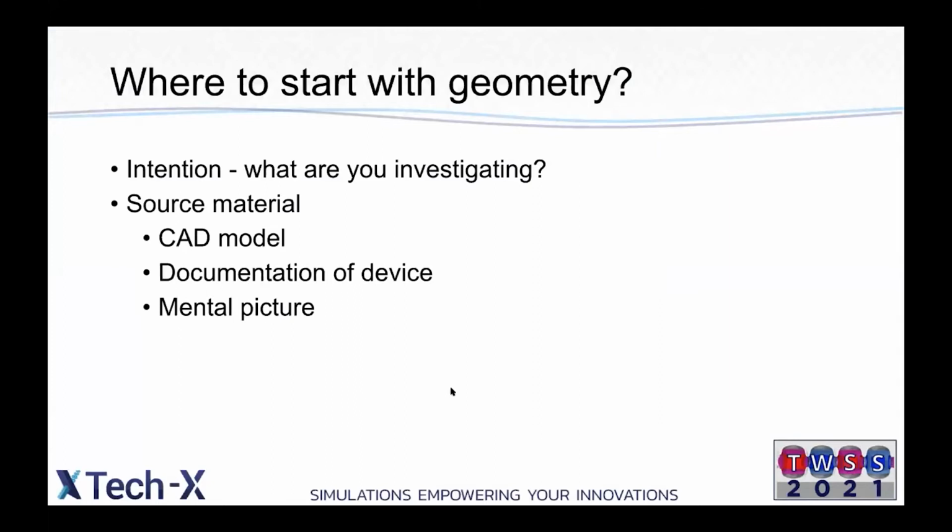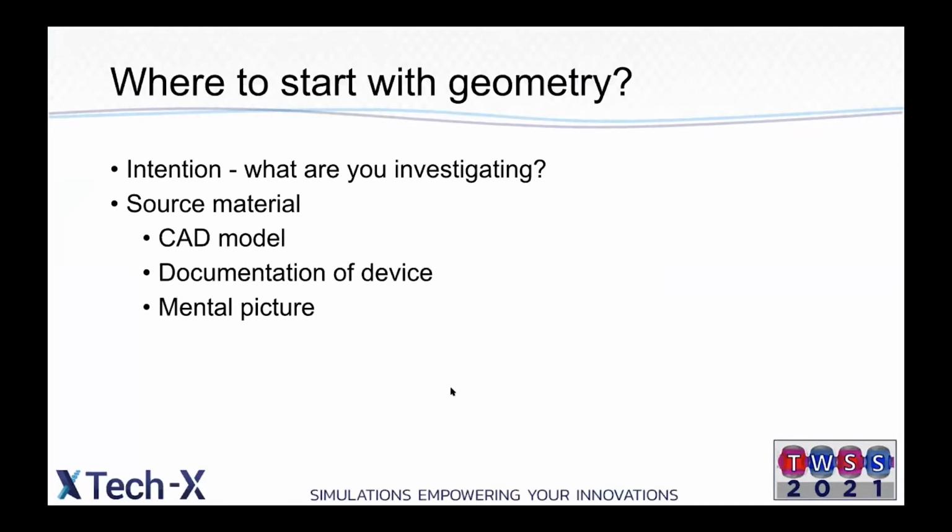So really, when you're starting a project, you have to figure out how you're going to get started with the geometry. Part of it is dependent on what you're trying to investigate. That will dictate what sort of model you need. And then you may have a variety of source material.